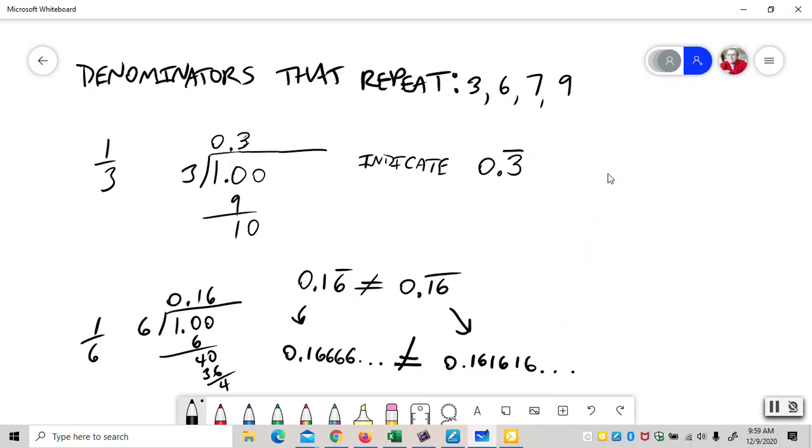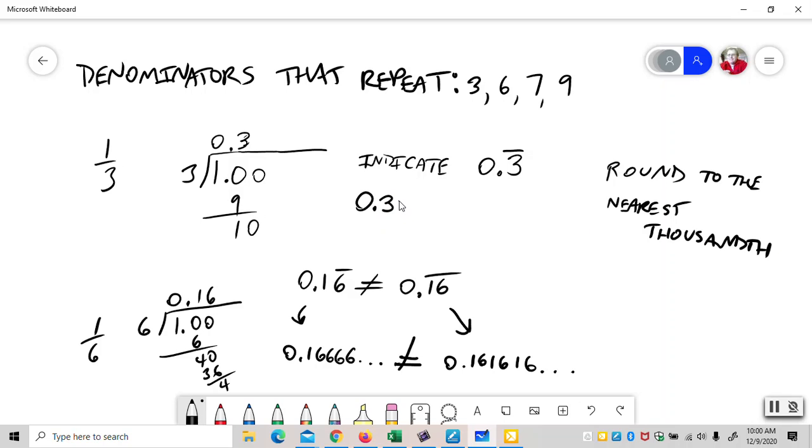Okay, so now the second set of problems in your book says round to the nearest thousandth. So, to use these same numbers: tenths, hundredths, thousandths, 10,000ths.